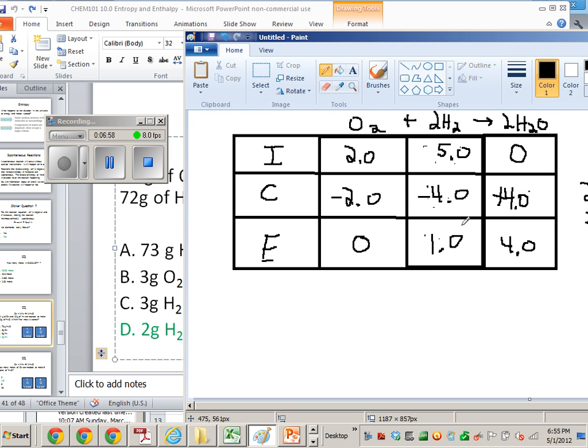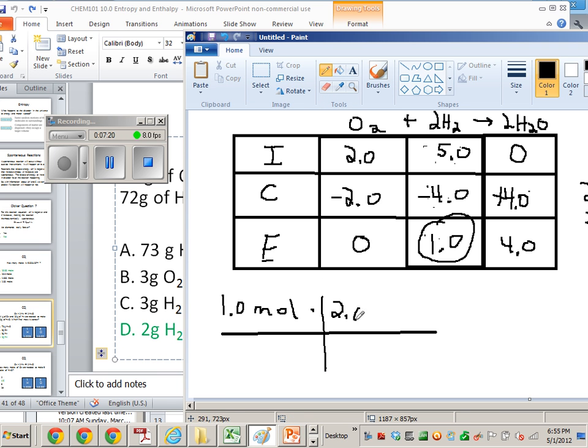So now that we have this 1.0, that's a number of moles. So if I want to convert 1 mole to grams, what I will do is I'll multiply by the formula mass. So the formula mass was 2.016 grams per mole.